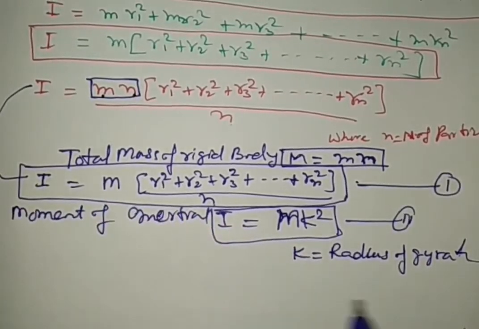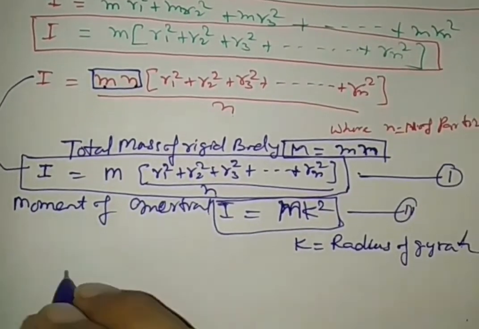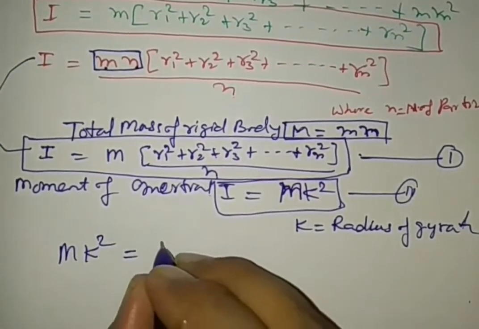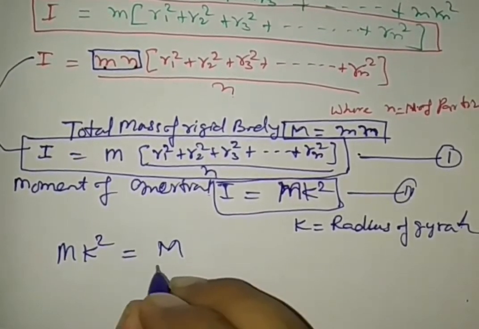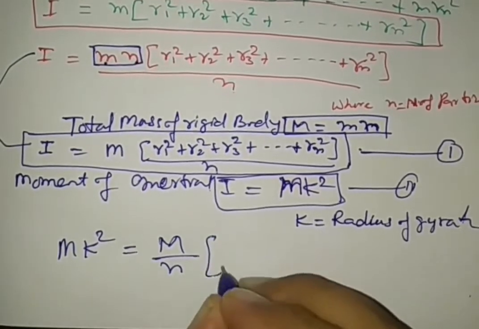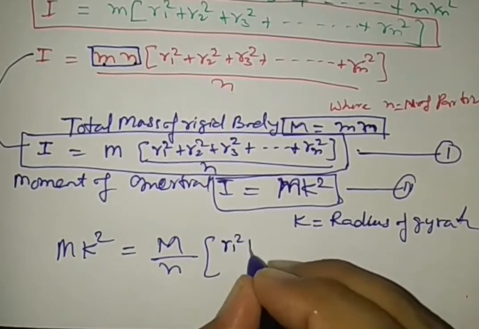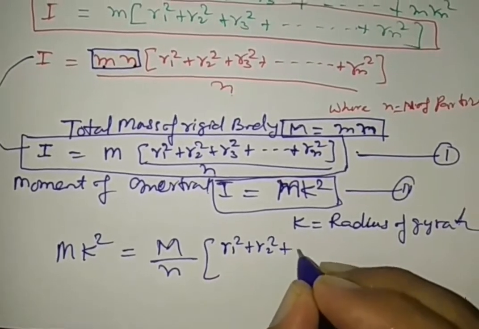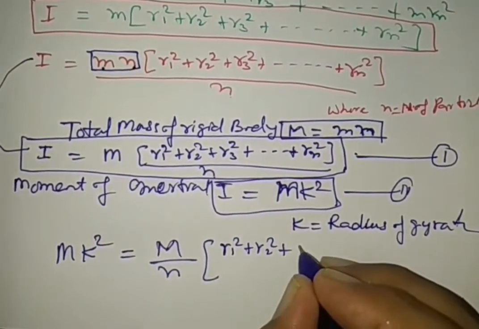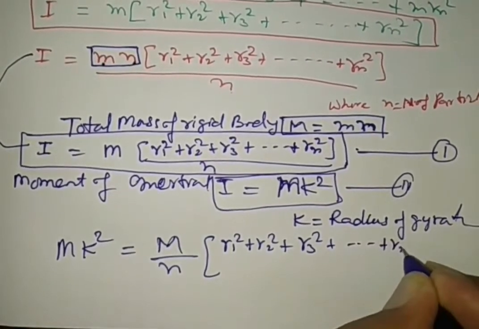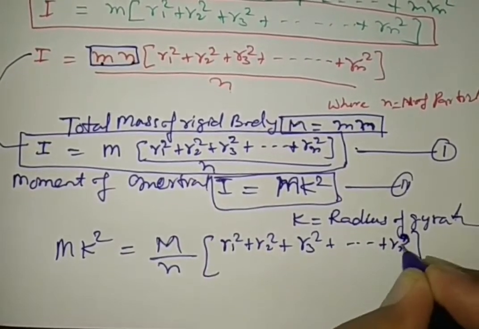Comparing equations 1 and 2, we may write M k square is equal to M by n times r1 square plus r2 square plus r3 square plus rn square.